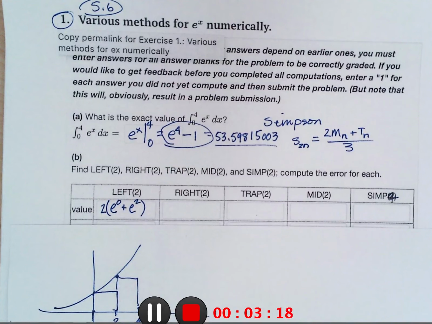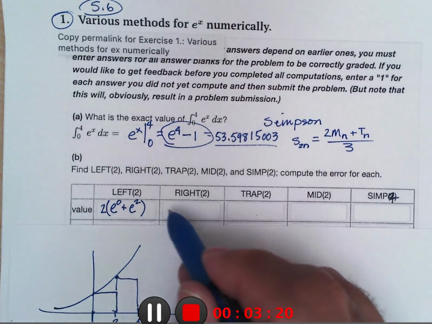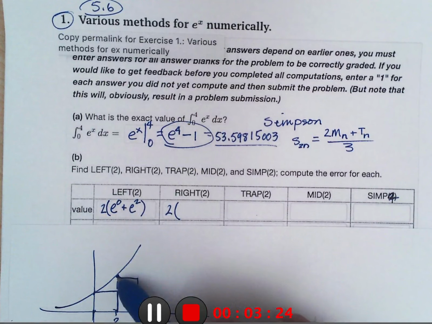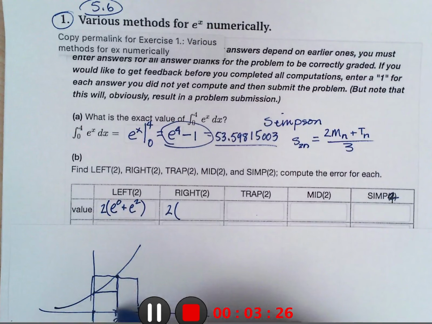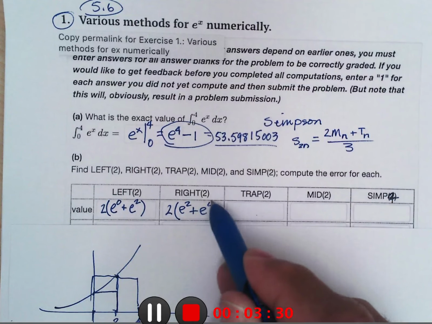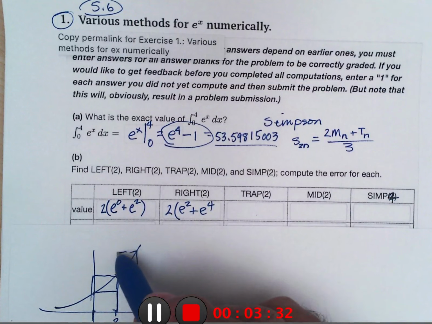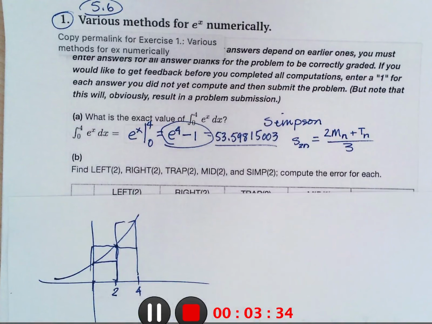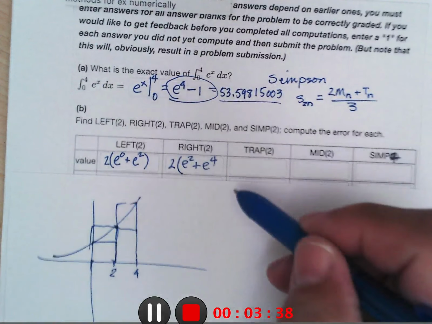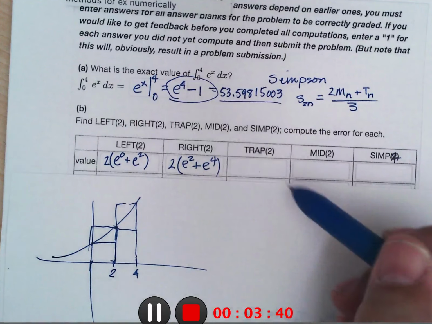Right 2 would be 2 times, now we'd have to go to the right side for the first one, so it'd be e to the 2 plus e to the 4 for the right side. Okay? The trapezoidal would be these two averaged.